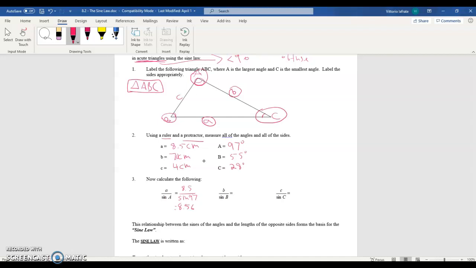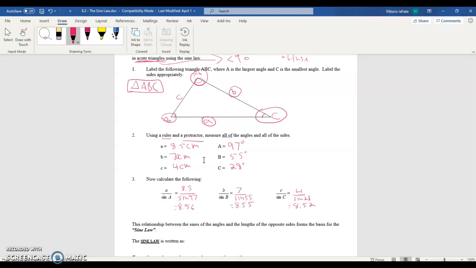We'll do the same thing for B. So we'll do 7 over sine of angle B, 7 divided by sine of 55, about 8.55. And then we'll do the same thing for C. So C was 4 divided by sine of 28, and we get about 8.52.